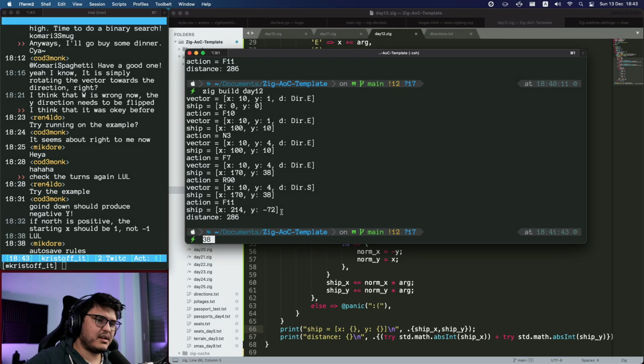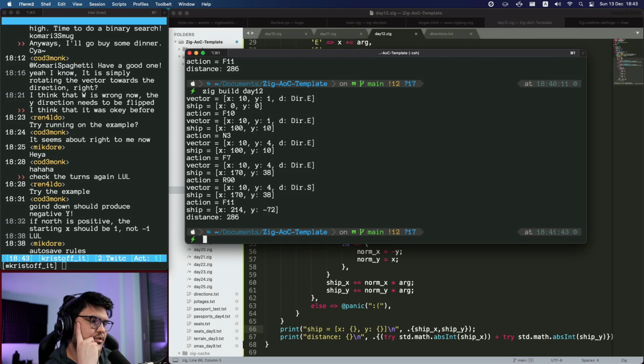Yeah, sounds right. Then x is 4 times 11 is 44, and 170 plus 44 is 214. Yep.